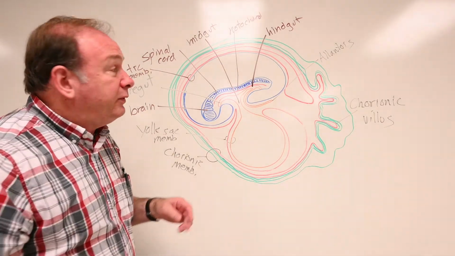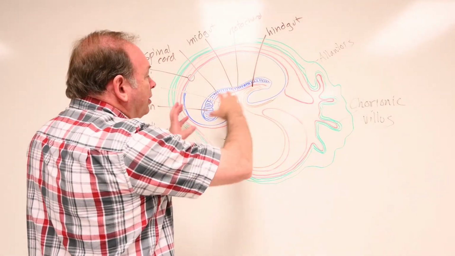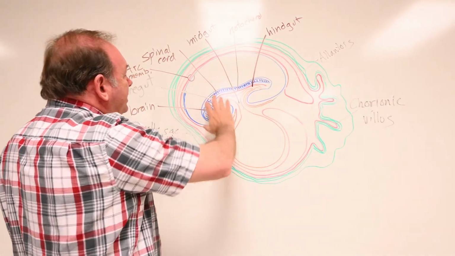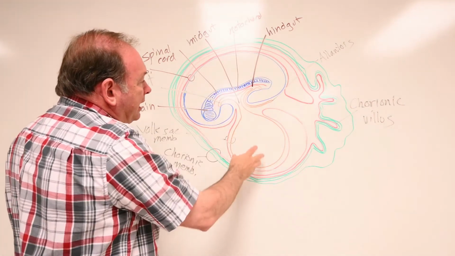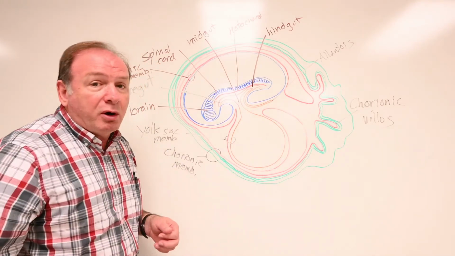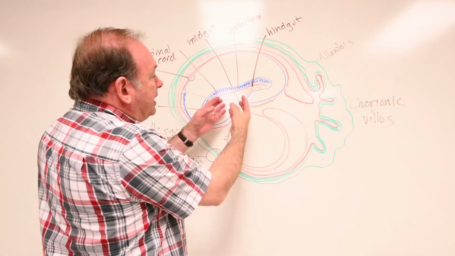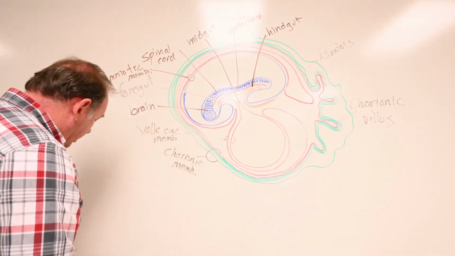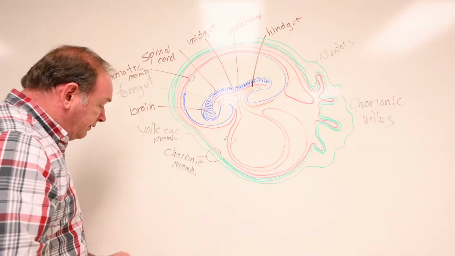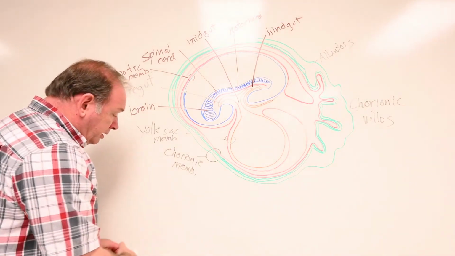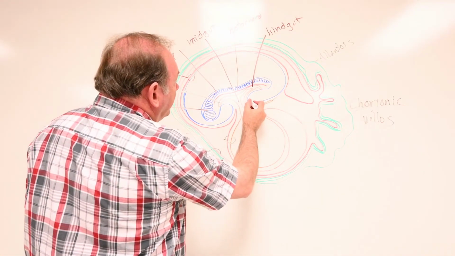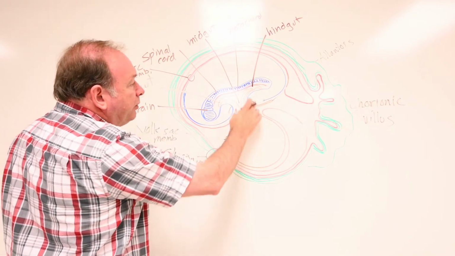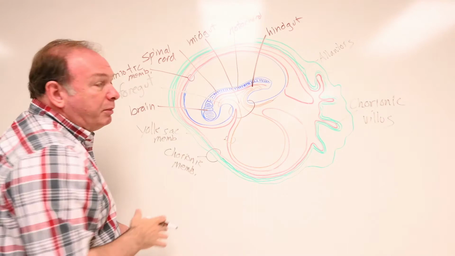As I said before, this embryo will continue to grow, and as it gets bigger and bigger, it's going to push that amniotic cavity more up against the chorionic cavity. This yolk sac is not going to grow any further. It's going to be taken up into the body stalk, and I don't have the body stalk identified there, so it'd be good to identify it. I need more colors, but anyway, right around here would be the body stalk, that connection between the embryo and all this other extra embryonic tissue.